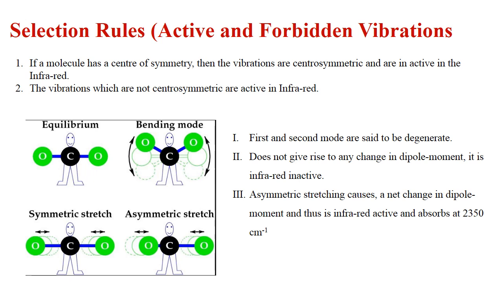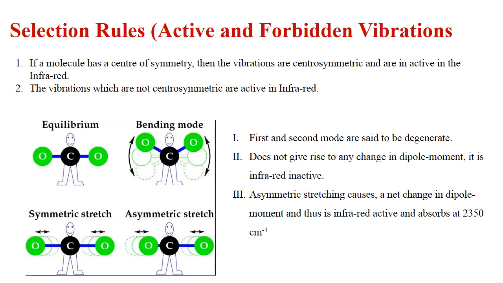So these four bands you can observe in the IR spectrum, but here you can see that some of the bands are forbidden because a molecule is infrared active only if there is a change in the dipole moment. So in the case of equilibrium, when the atoms attached to the central atom are in the equilibrium state, it will absorb very little energy.